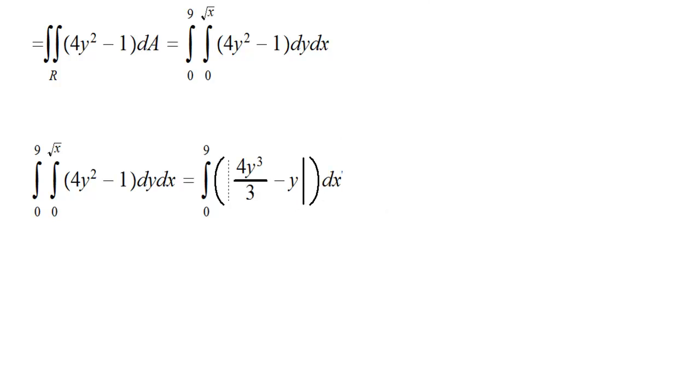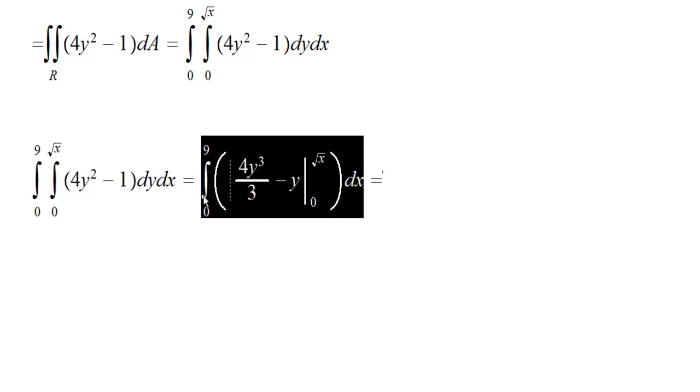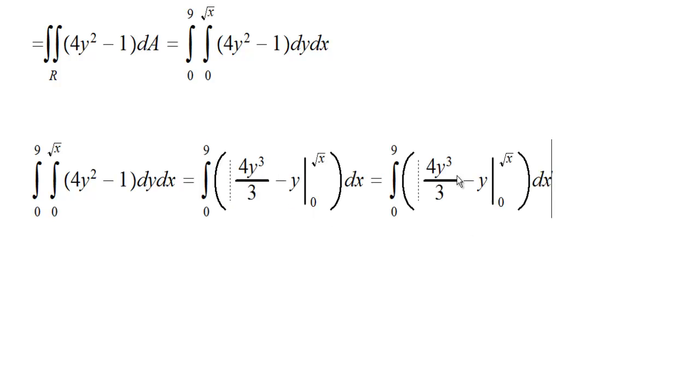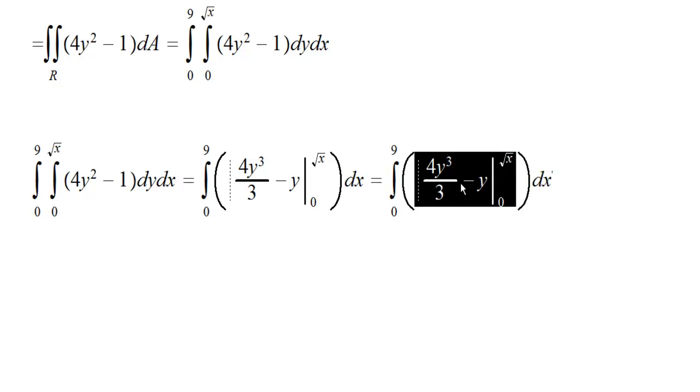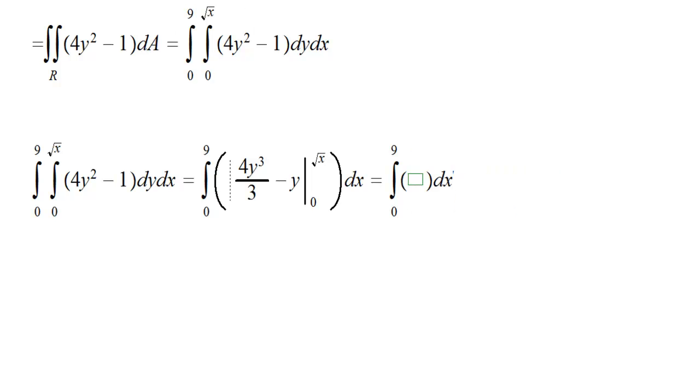I'm sorry, the upper limit is, pardon me, sorry about the phone going off. So this is square root of x, and the lower limit is 0. So this changes to, for the first one, 4y cubed.